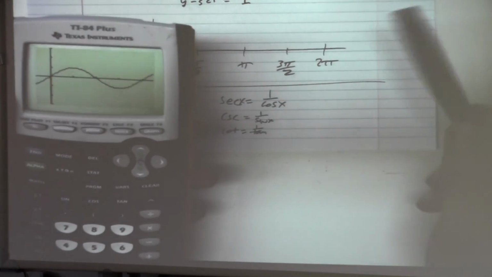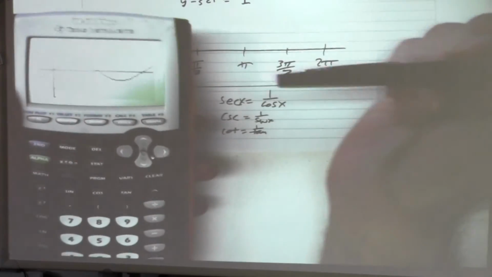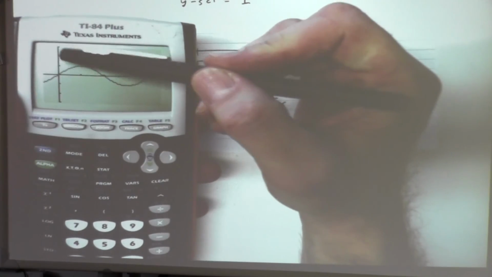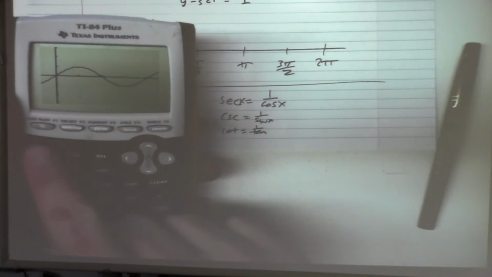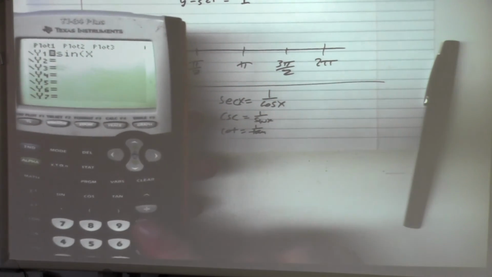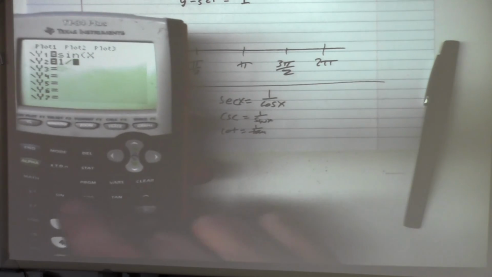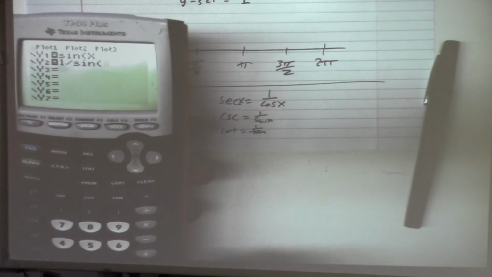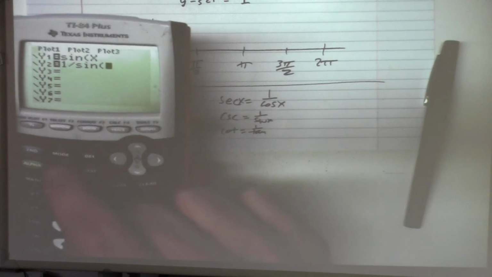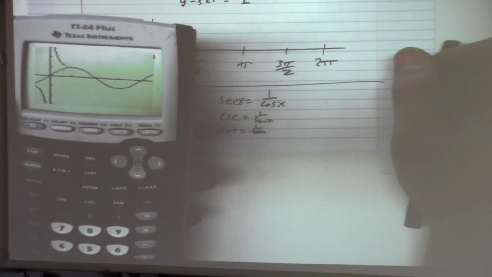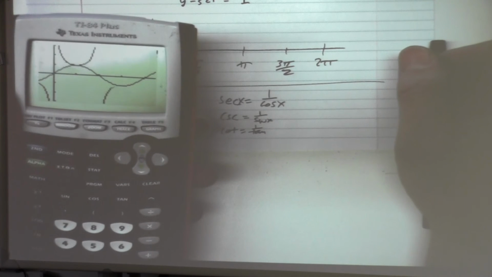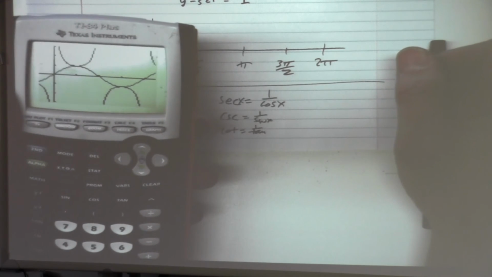Based on the secant and the cosine, you think the cosecant should be parabolas also that touch here. And it actually is. Let's do that. I'm going to do 1 divided by the sine of x. Graph it. And you see we do get parabolas at those relative maximum and relative minimum points.